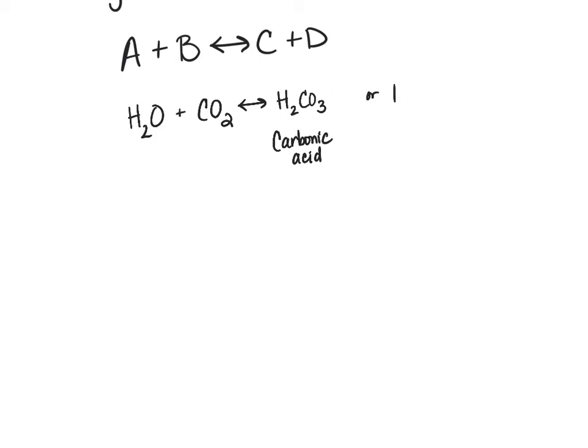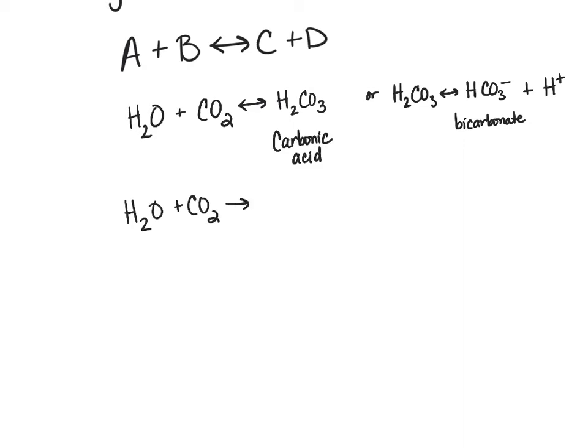Or our carbonic acid can then dissociate in a different way into bicarbonate and a hydrogen ion. This is actually a reaction that we see often, but this is also a reversible reaction. And so when this gets written out, we can write water plus carbon dioxide goes to carbonic acid, or it can go backwards, which then goes to bicarbonate plus a hydrogen ion, which can go backwards.